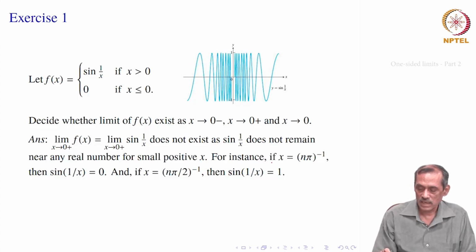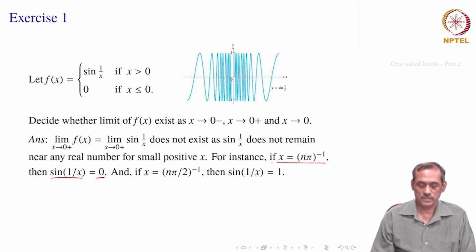Think of x as n pi to the power minus 1 for large n, and if you find sin of 1 by x at x equal to n pi inverse, it is sin of n pi, that gives you 0.